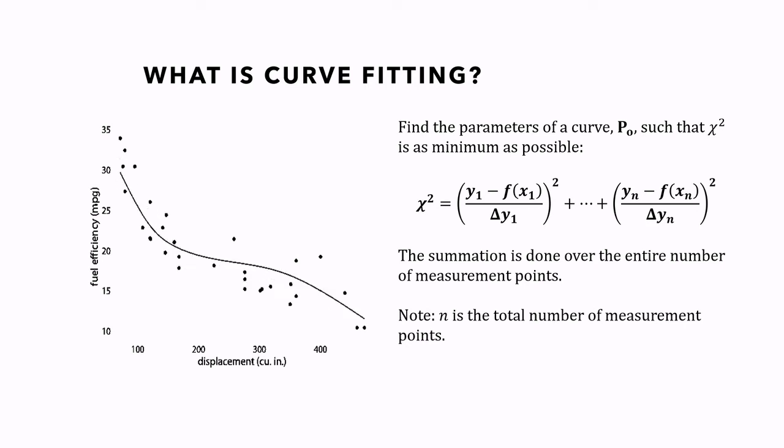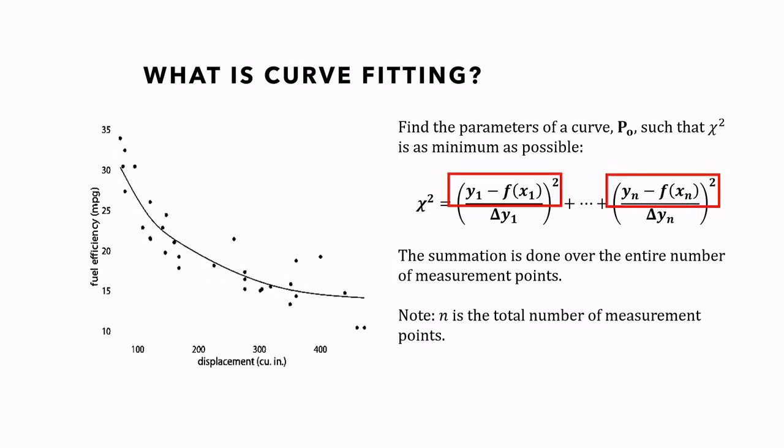Of course, the closer the measurement points y are to the curve of f of x, the better the quality of the fit. Here, the smaller the difference between y and f of x, the smaller the value of chi-squared, which implies a better fit.